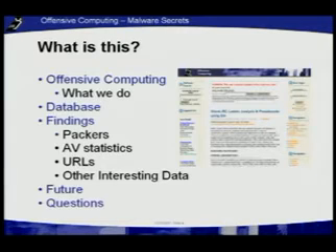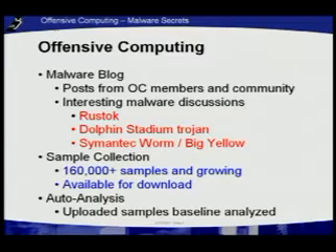Okay, so just a real quick background of what Offensive Computing is in case you don't know. We're a big online malware research database. We do all kinds of analysis, and we have a malware blog, so when interesting viruses come out, we talk about it on there. We get our samples from members of the community, donations, honeypots, all that kind of stuff.